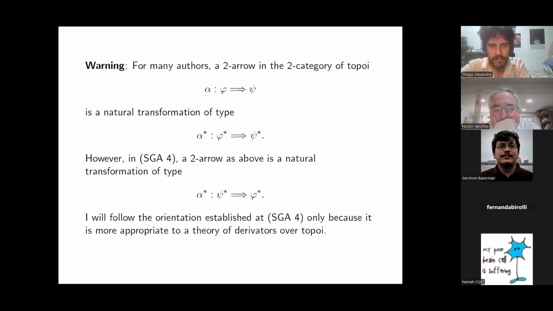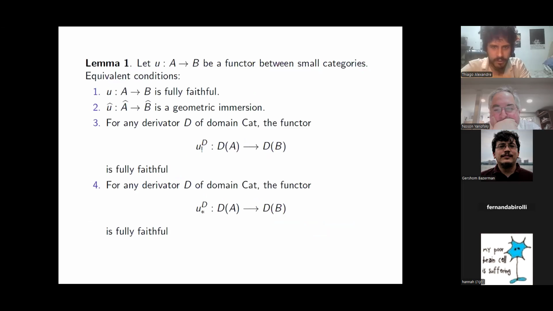Now, I discovered after that there is a very elementary proof of this fact, and I would like to begin with this proof because it will be important for some results that I'm going to present in the sequel.